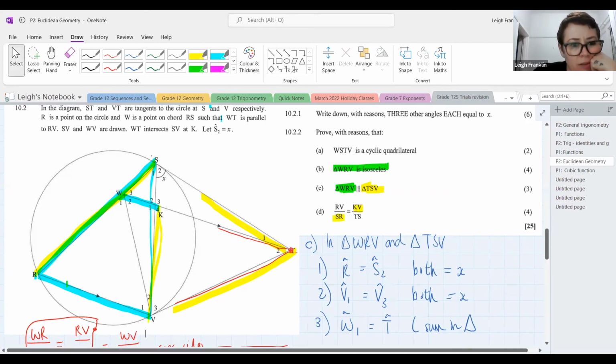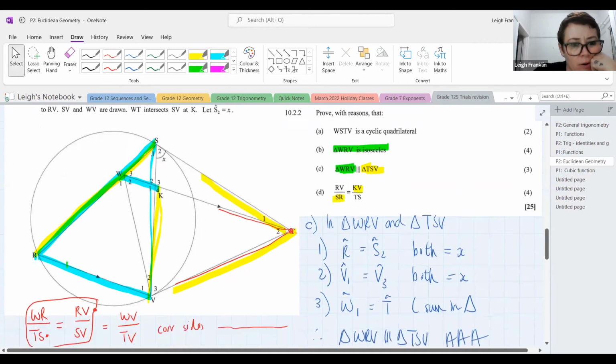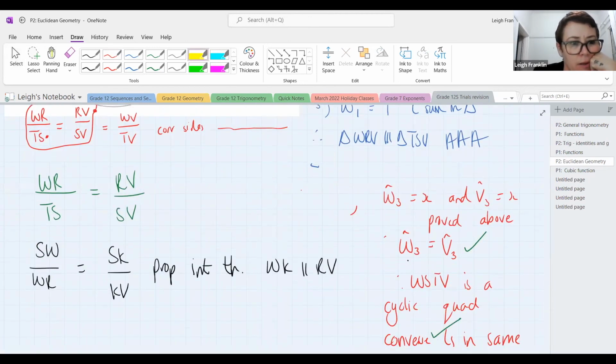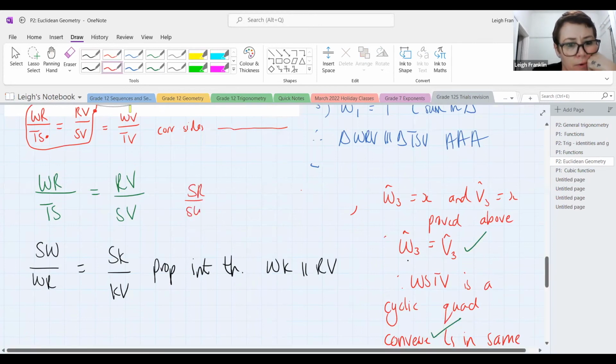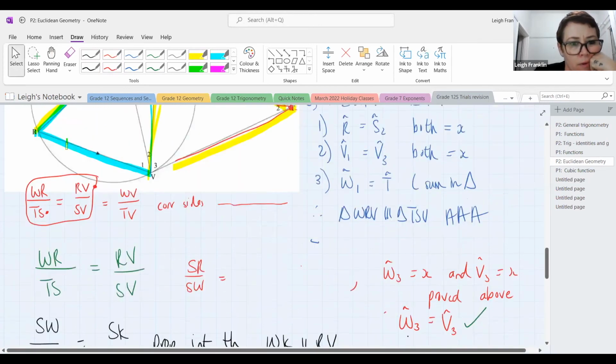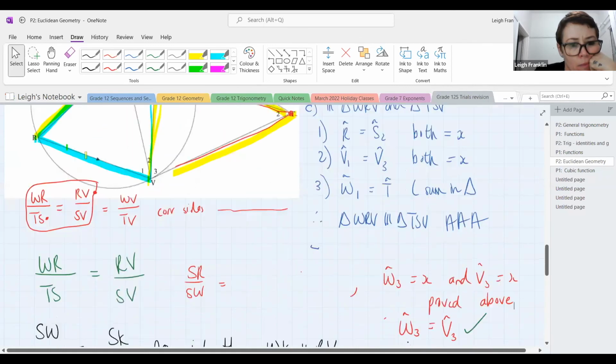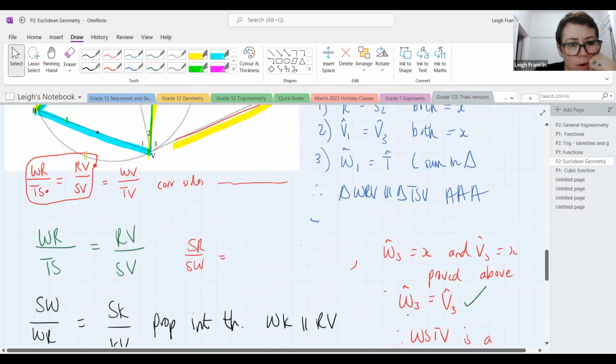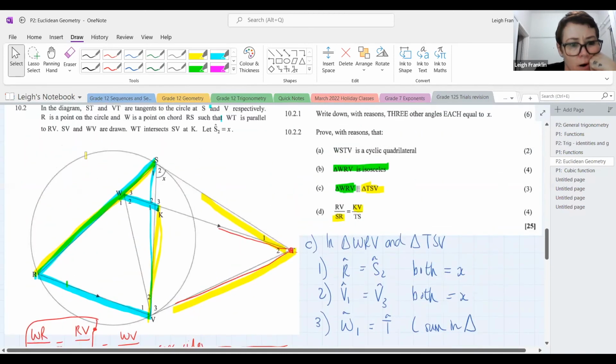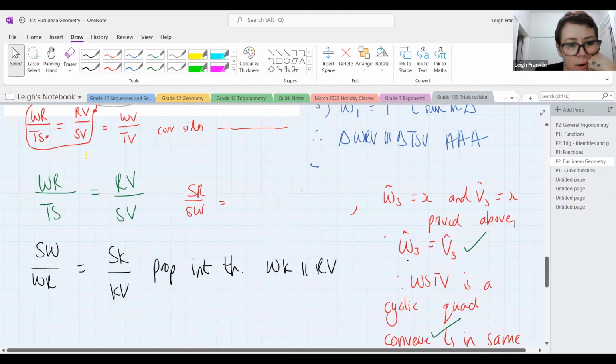So let's try SR over SW is equal to SV. No, hang on a second. I think it's SR over WR.